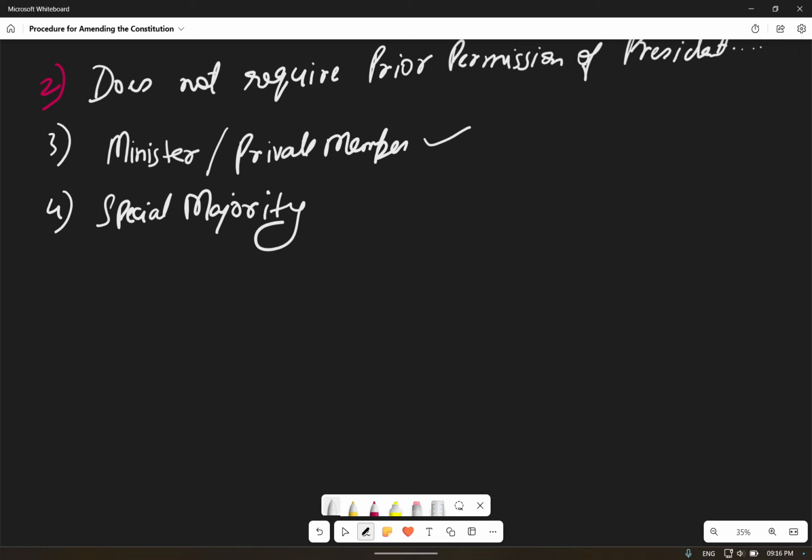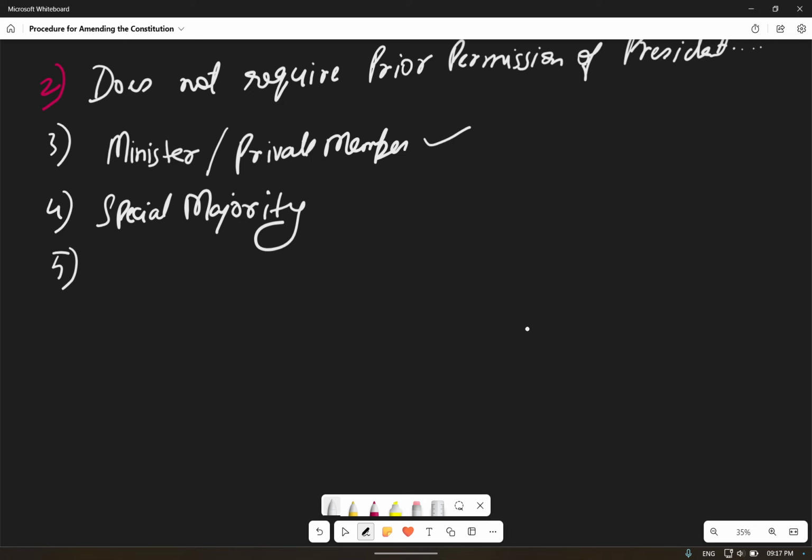Now, with the special majority, each house must pass the bill separately, and there is no provision for a joint sitting if any case of disagreement arises between the two houses. There are scenarios, let us suppose an equal vote happened, or some confusion happened. There is a separate provision where both houses sit together, but in the amendment of the constitution there is no such concept.